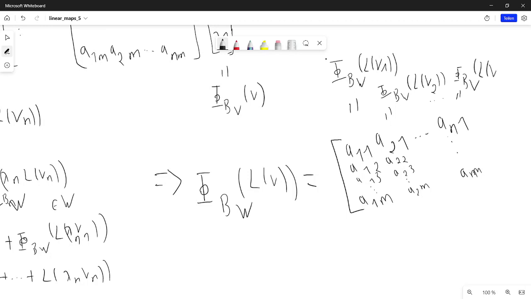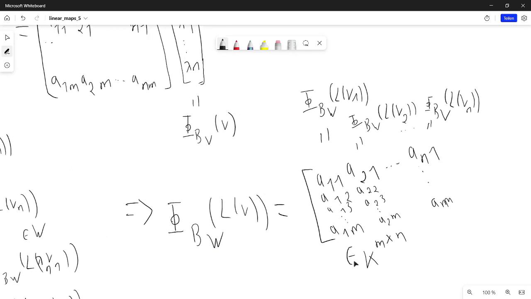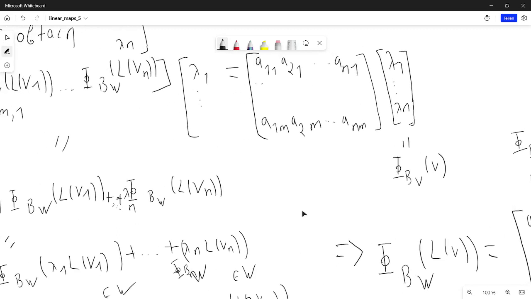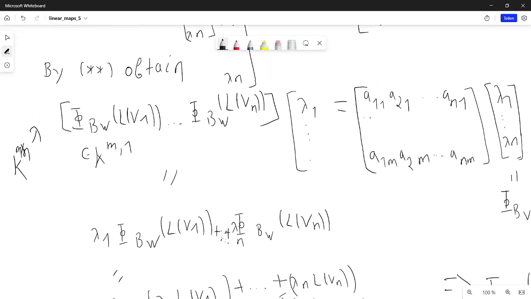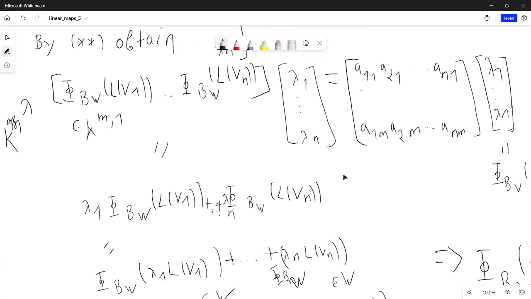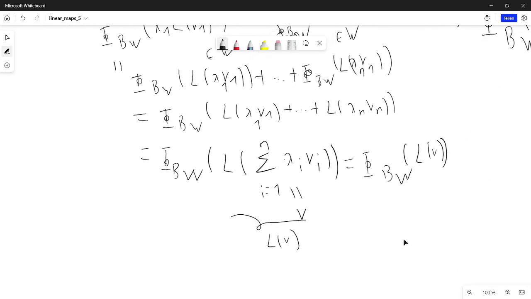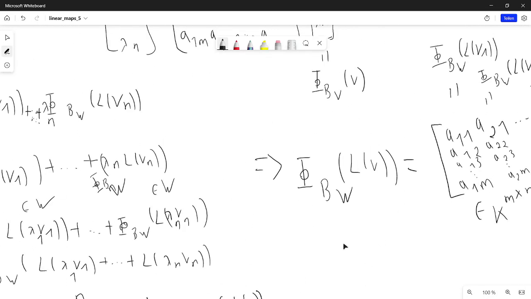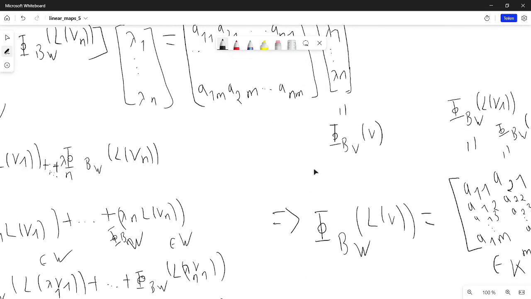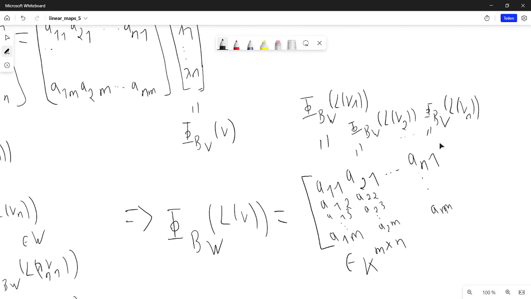All right. And this is great, right? That matrix is, of course, in K to the M cross N. Right, and that thing which we have derived here to be equal, that thing here is equal to that thing here, which I have written exactly here, or almost. All right, just those equalities, right?